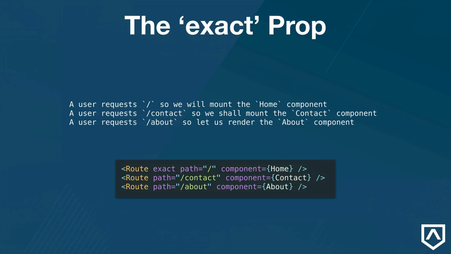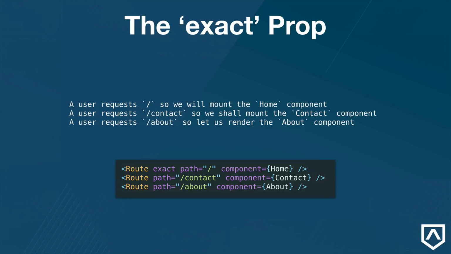So when our user is at the path / in the URL, then the Home component will be rendered. But if the user goes to /contact or /about, then the Home component will no longer render because we've used the exact prop.